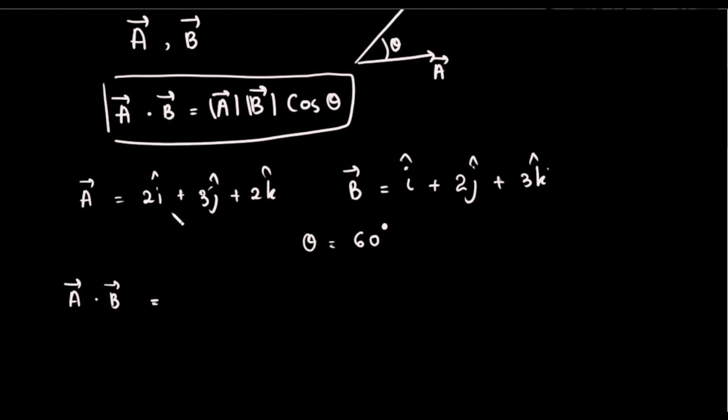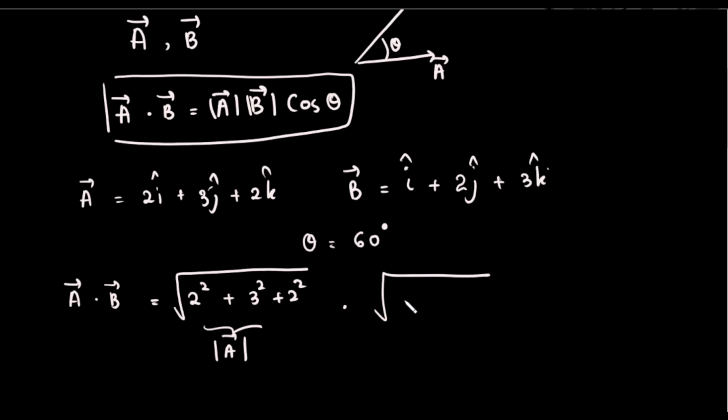The magnitude of A is the square root of 2 squared plus 3 squared plus 2 squared. This is the magnitude of A. Now we are going to find the magnitude of B, which is the square root of 1 squared plus 2 squared plus 3 squared.